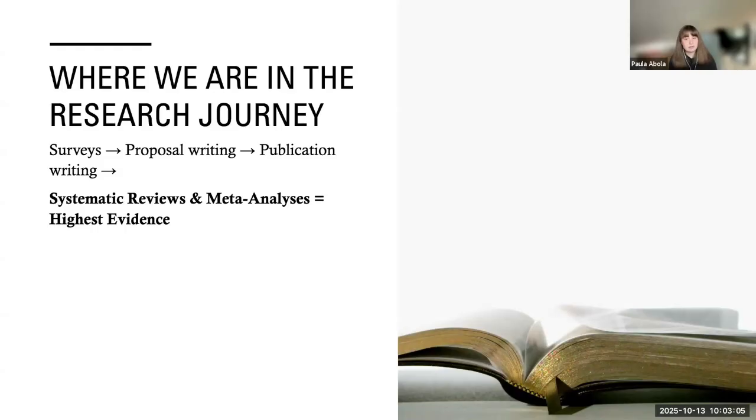This is the highest level of evidence in the research hierarchy. And if you ask why, it is because systematic reviews and meta-analyses do something that individual studies cannot do. They combine multiple studies into one coherent answer. And that means they are powerful tools, not just for academics, but also for policymakers, healthcare professionals, and anyone making evidence-based decisions.